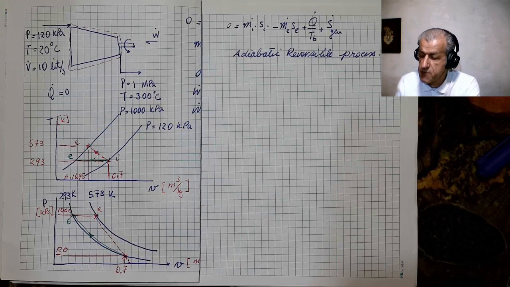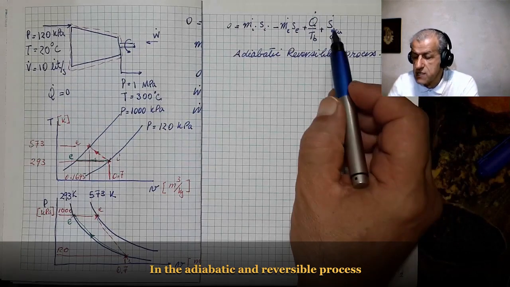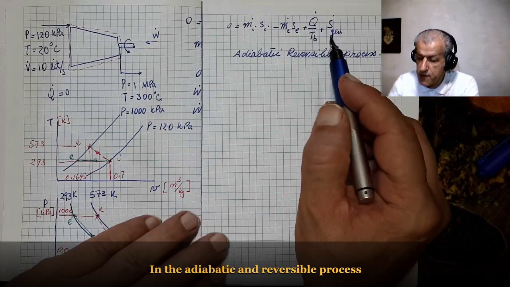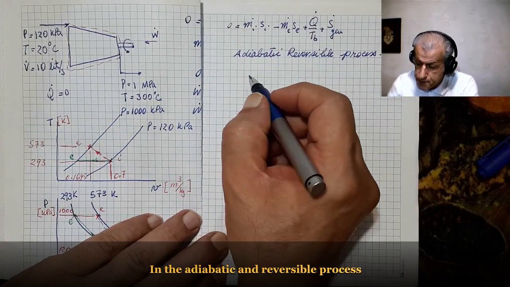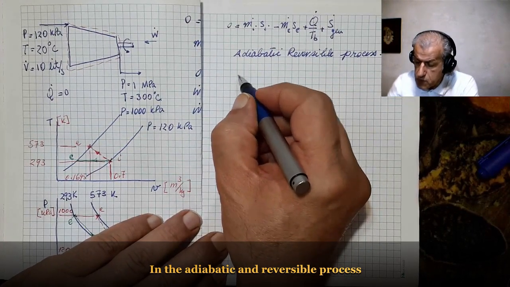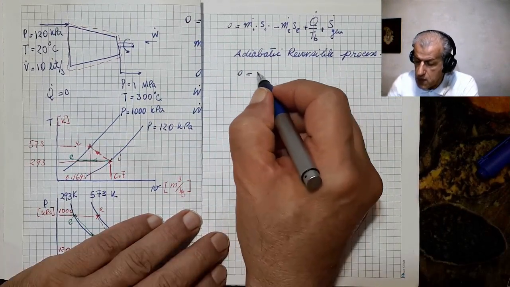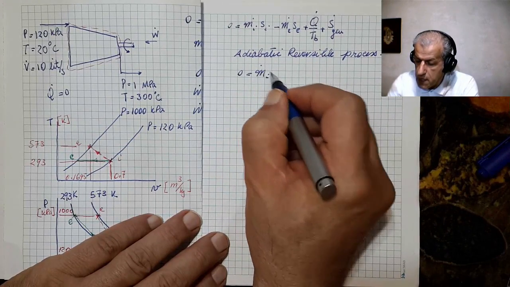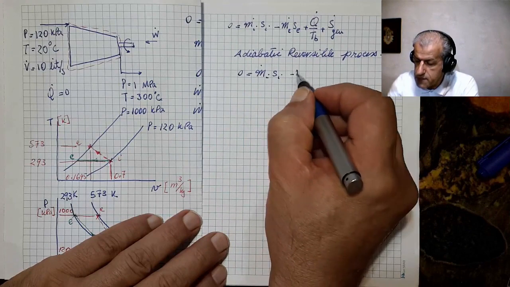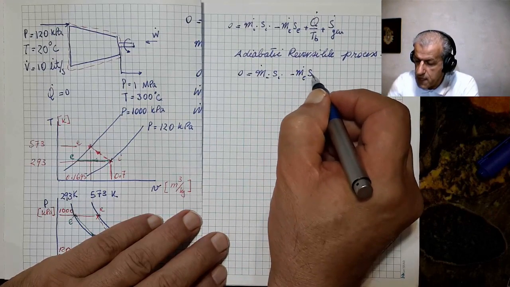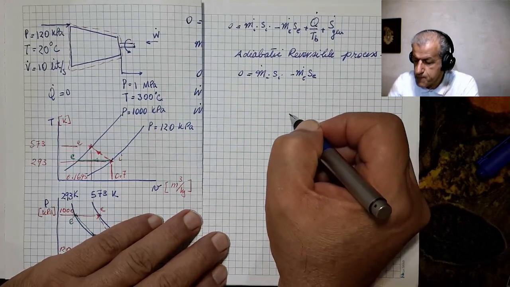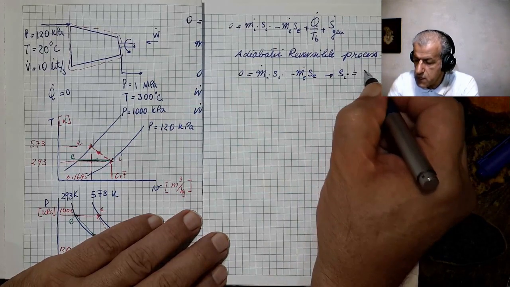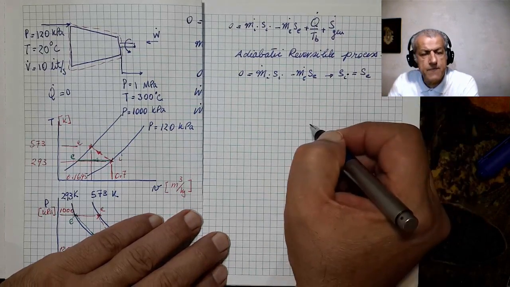In the reversible process, S dot gen is 0 and Q dot is 0, and therefore it ends up to be 0 equals m dot i s_i minus m dot e s_e. And that means s_i would equal s_e.